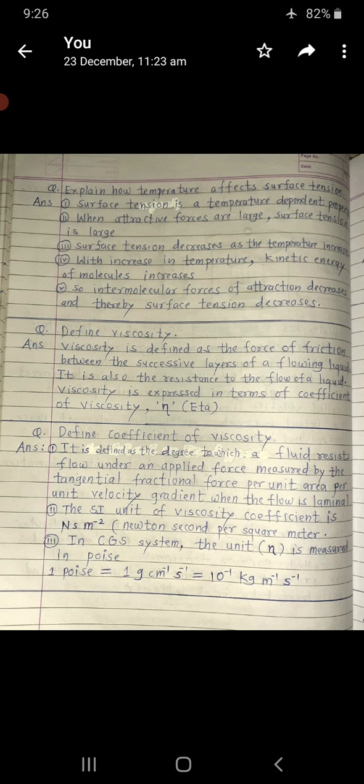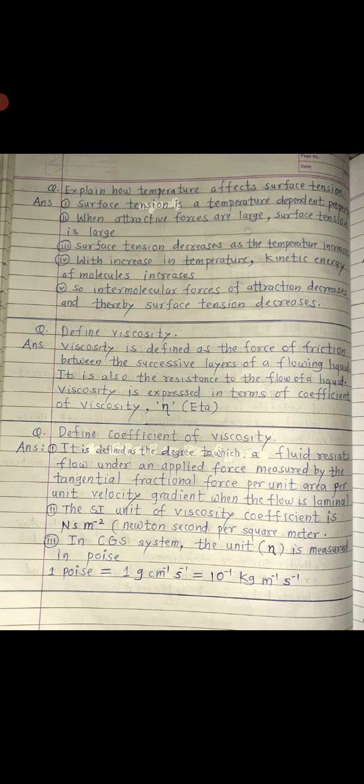It is also the resistance to the flow of liquid. Viscosity is expressed in terms of coefficient of viscosity, and it is indicated by eta.